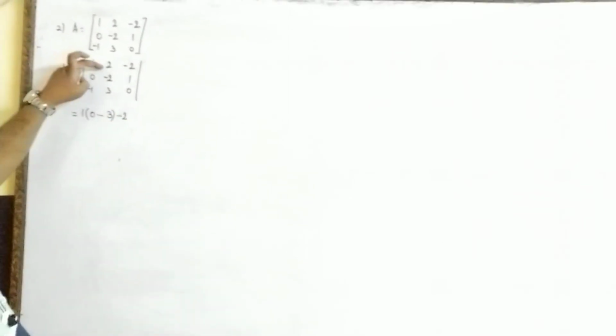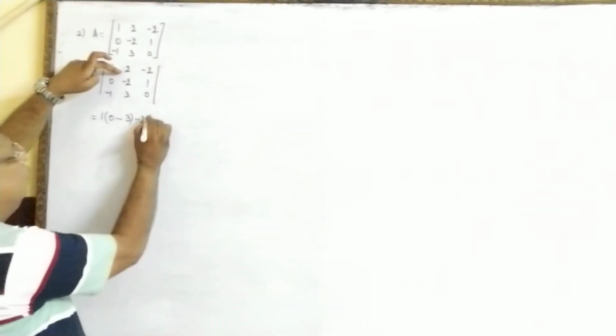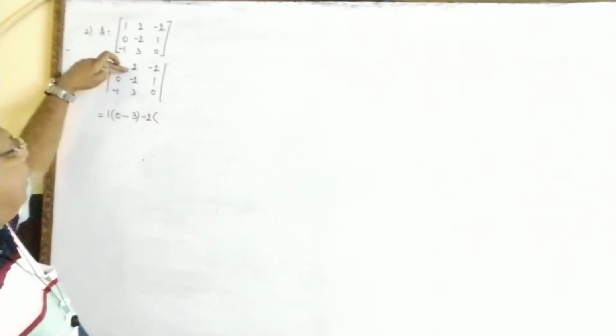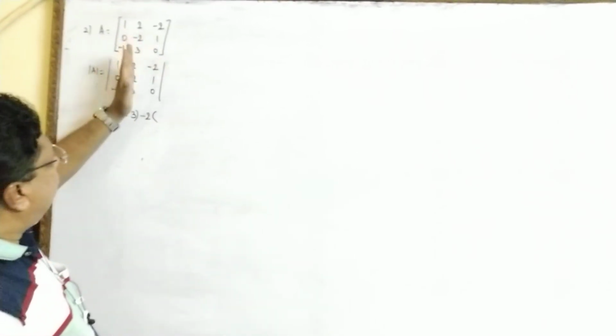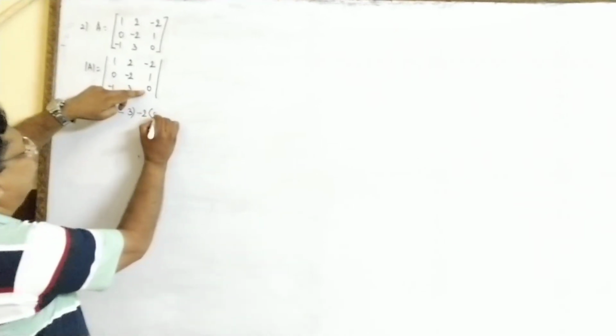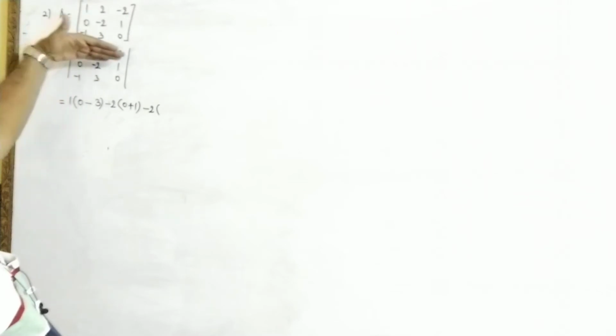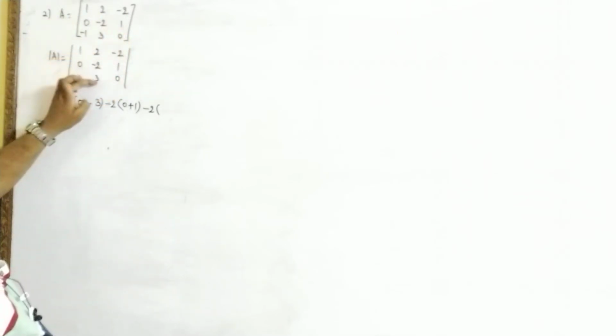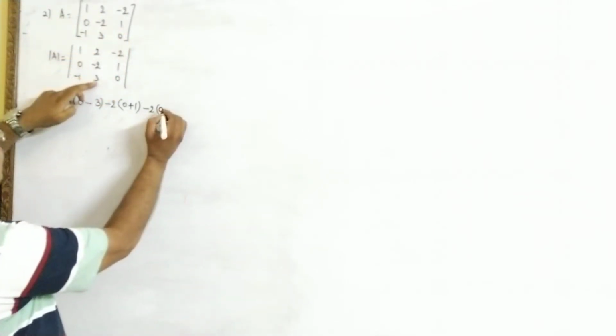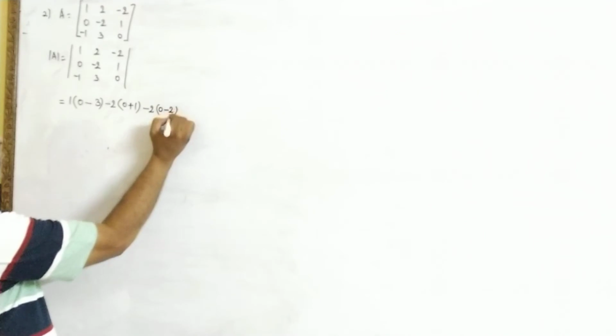Minus 2, change its sign, leaving the first row and second column: 0 into 0 is 0, minus 1 into 1 is minus 1, so minus 2 into minus 1. Leaving the first row and third column: 0 into 3 is 0, minus 1 into minus 2 is plus 2, the middle sign is always minus.